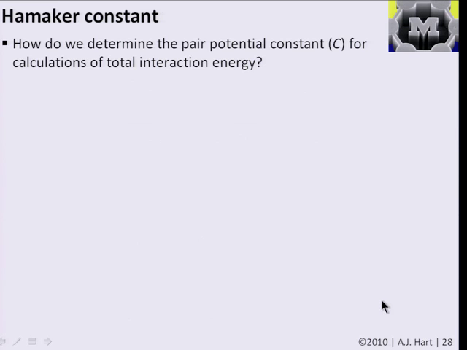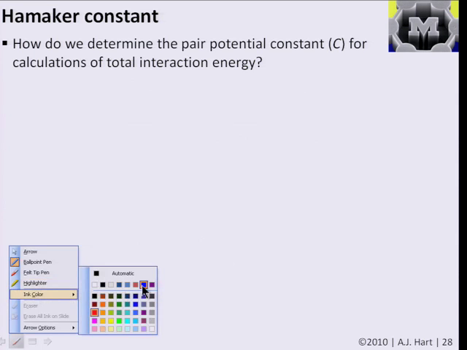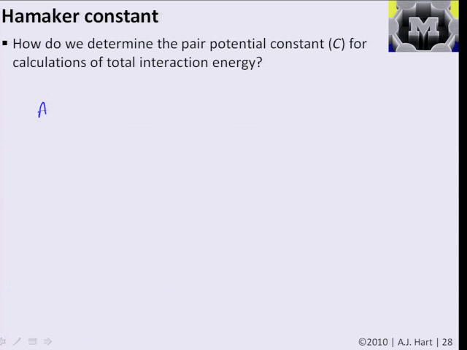So we can define this constant A, the so-called Hamaker constant, as being equal to, by definition, pi squared times our previous constant C times ρ1 times ρ2, where previously we assumed that when we had two bodies, the materials had the same number density.